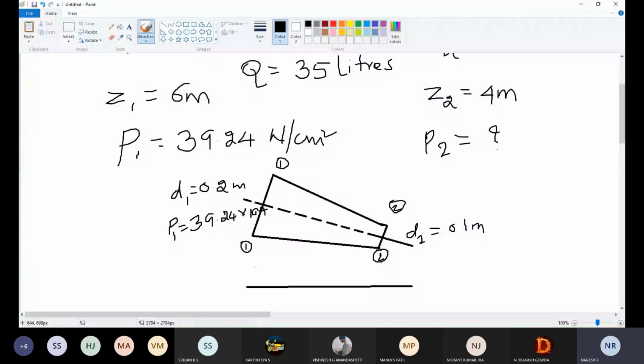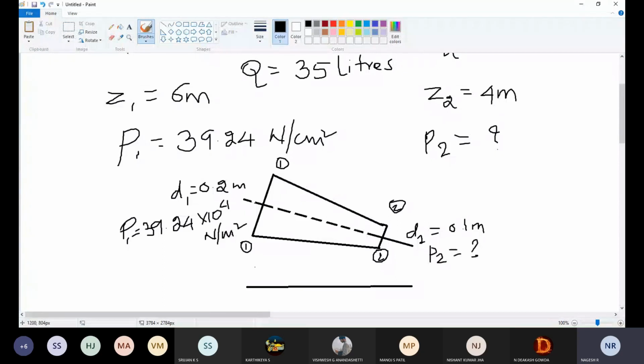I will write that neatly. P1 is equal to 39.24 into 10 to the power of 4 Newton per meter square. But P2 he has not given. We should find out.